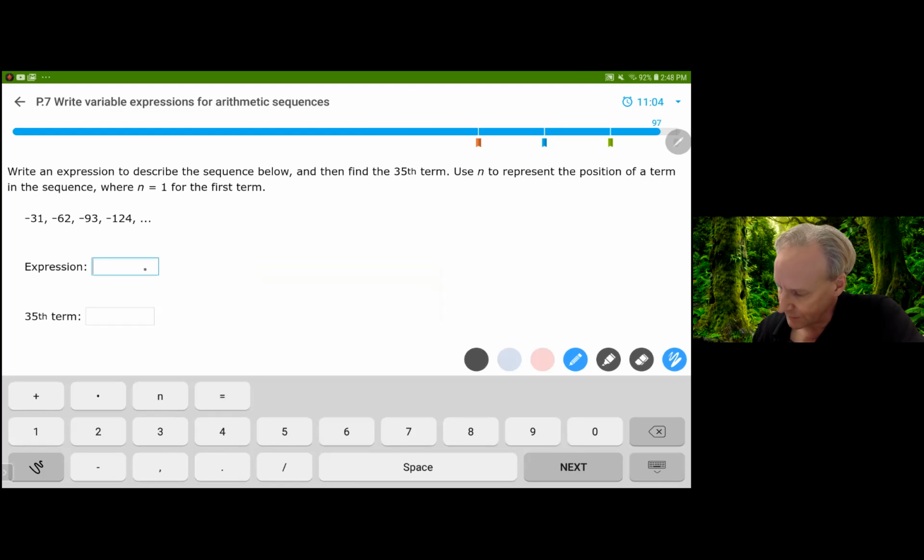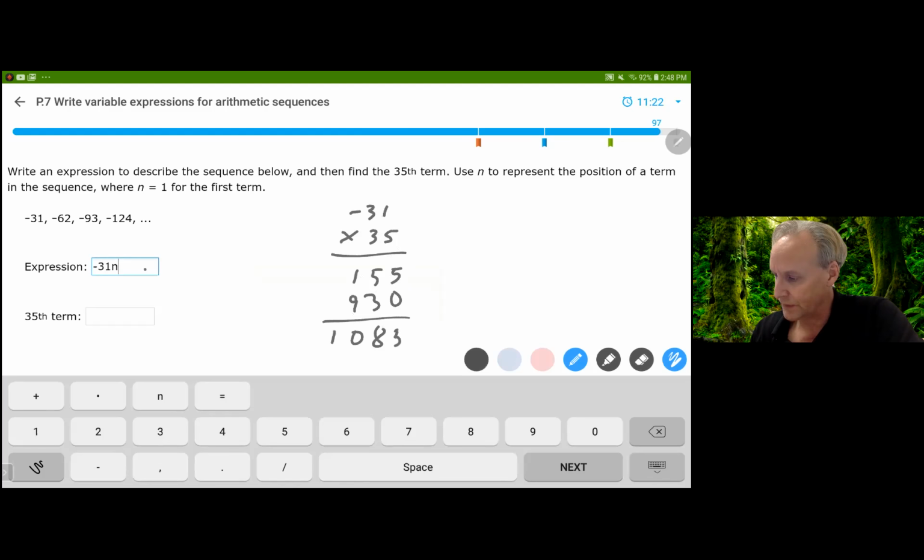So we're talking about -31n. And we need to multiply -31 times 35 to get our 35th term. And that's going to be 5 and 15 and 3 and 9. And we get 1085. But it's negative.